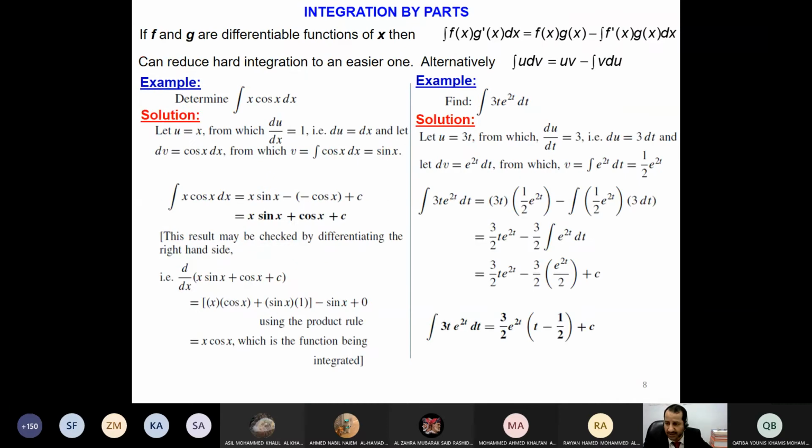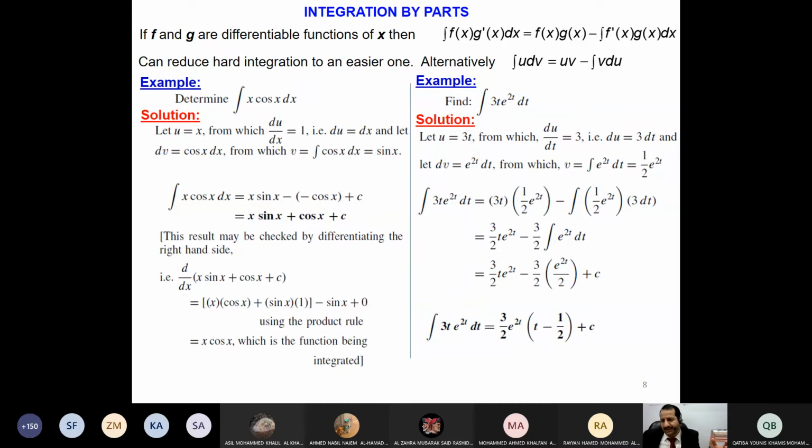The last method you studied last semester, and I'm still with my revision, is integration by parts. This method is applied when we have functions different in their nature. As an example, cosine is a trigonometric function, exponential x is an exponential function. They are different.